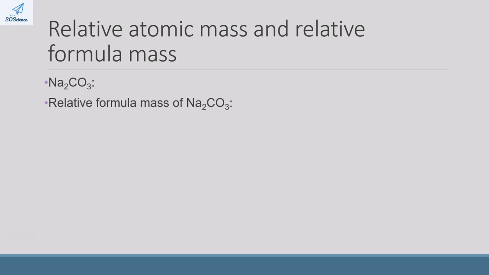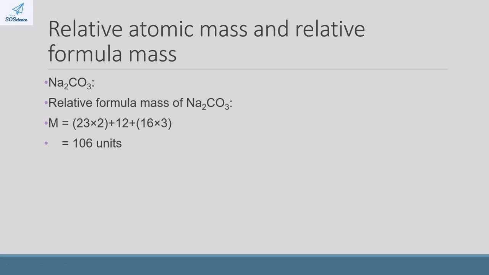The relative formula mass of sodium carbonate, Na2CO3, is 23 plus 23 because there are 2 sodium atoms, plus 12 because there's 1 carbon atom, plus 16 times 3 because there are 3 oxygen atoms.